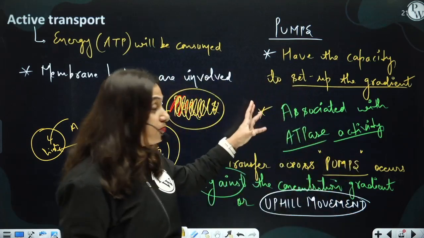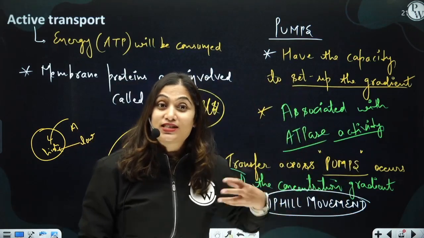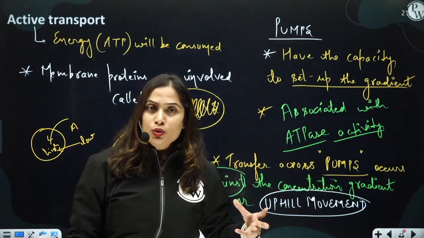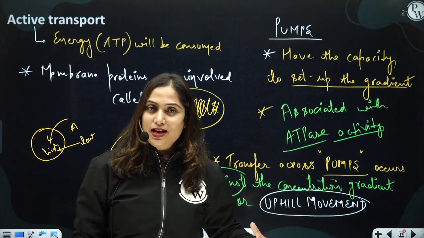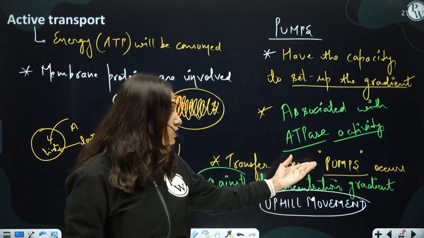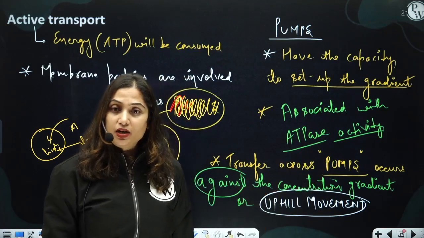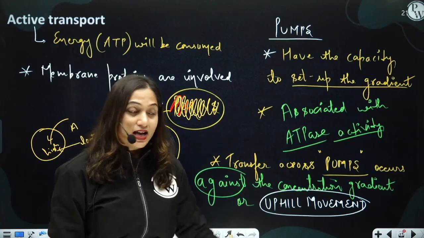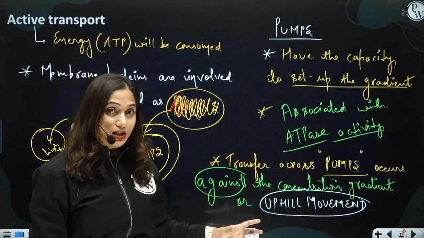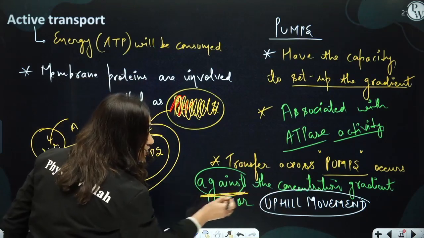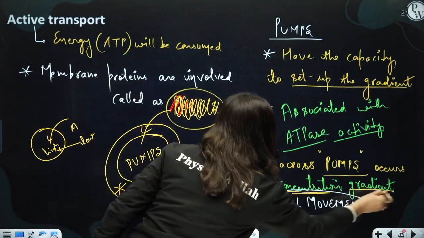And these pumps have the capacity to set up the gradient. They have the capacity to do this work against the gradient, that means from low to high concentration. That is why they are associated with ATPase activity, because they need ATP to function.